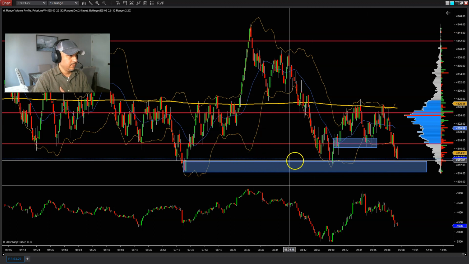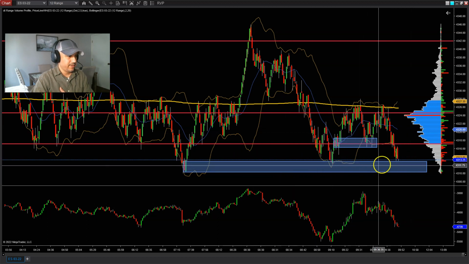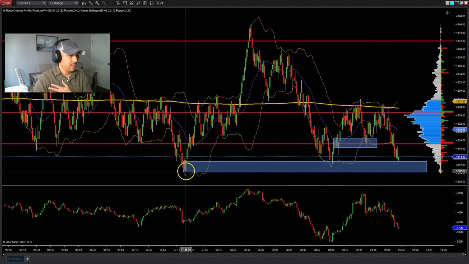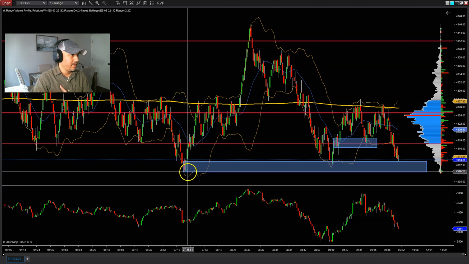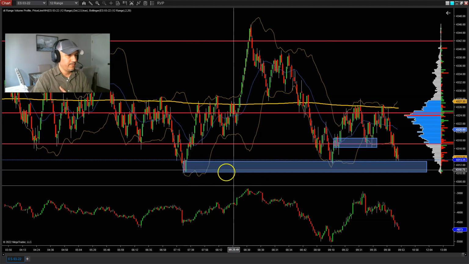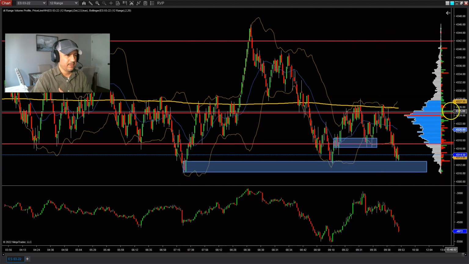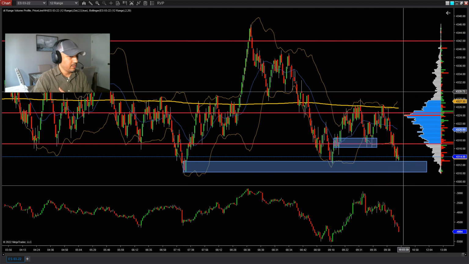Be careful about shorts because you're down here at this area of support now. There's a little low right here. So, major low right here. Major area of support. Price could break it to the downside though, but it can also bounce.